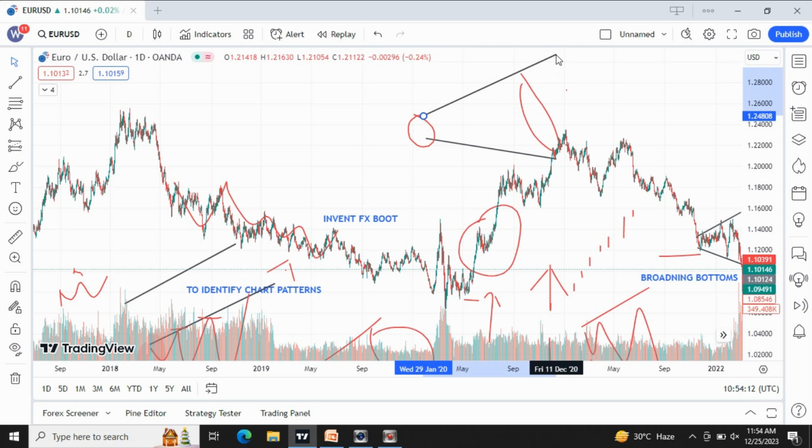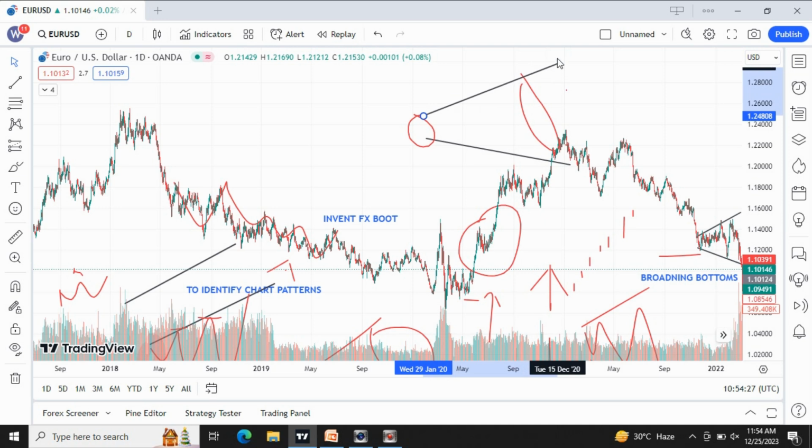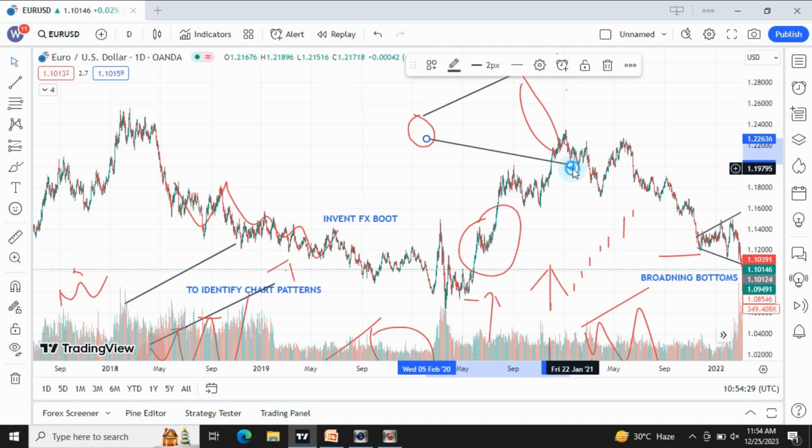Let me say it again. The trend lines drawn across the minor highs and lows are important. The top trend line should slope up, the bottom one should slope down.